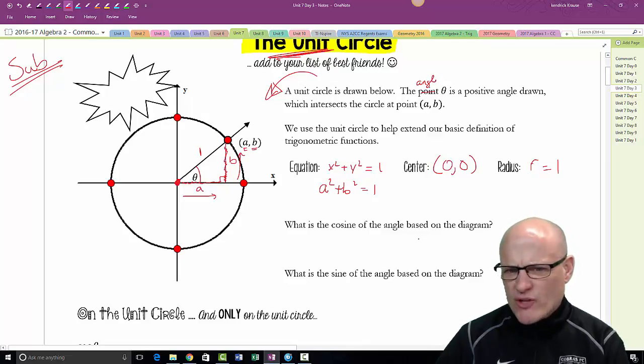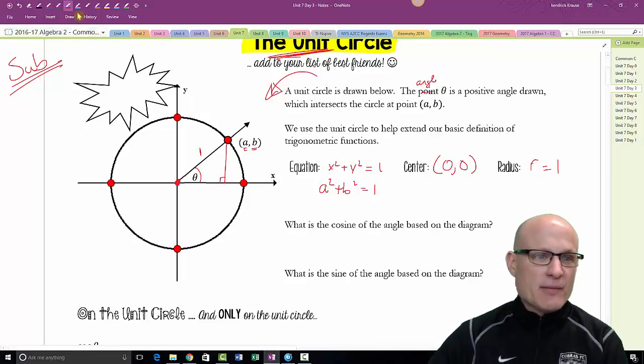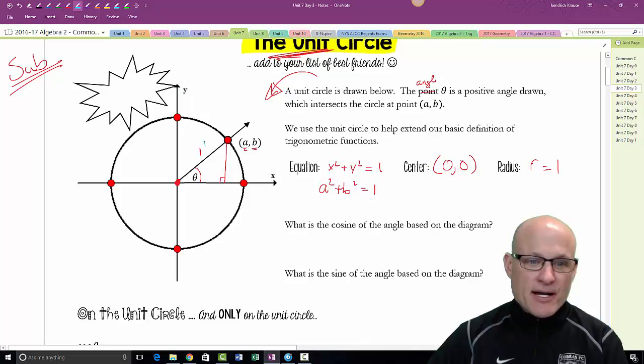Well, what is the cosine of this angle? Remember, let's go back to this right triangle. First thing here, there's my theta. Let me label this: hypotenuse, opposite, and adjacent. And didn't we say this was a, this was a, and this was b, the length?